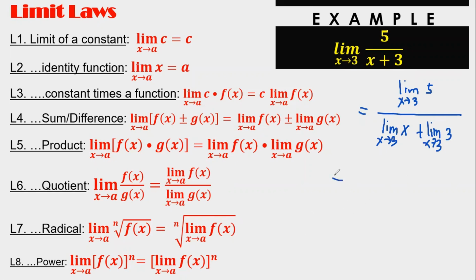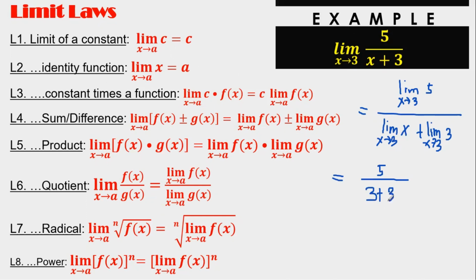Now, the next step here is we will solve it now, or evaluate. So apply the limit law. So this is the limit of a constant. So that is 5 over, substitute the value of 3 into x. Okay? Substitute 3 into x, sorry, by using the identity function. So 3 plus, again, the limit of a constant.